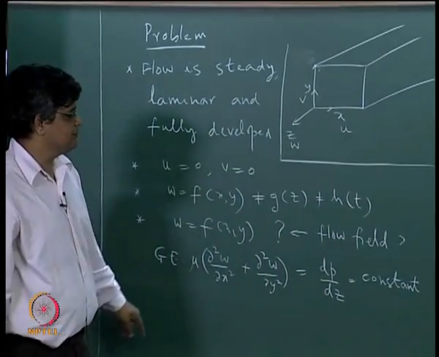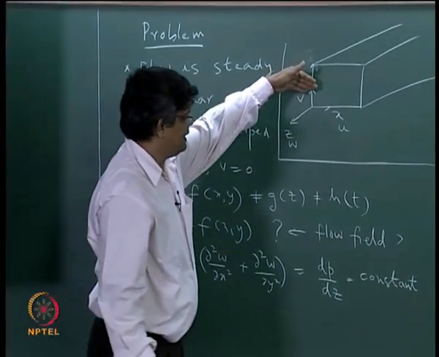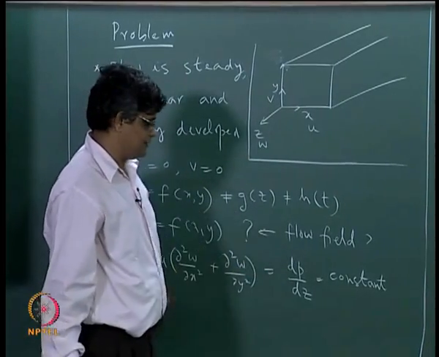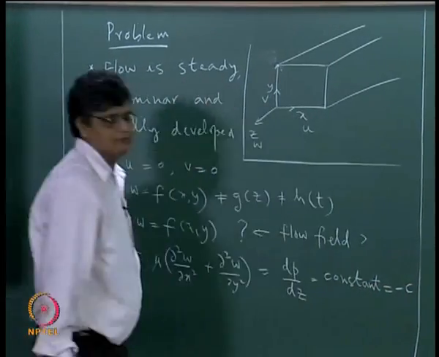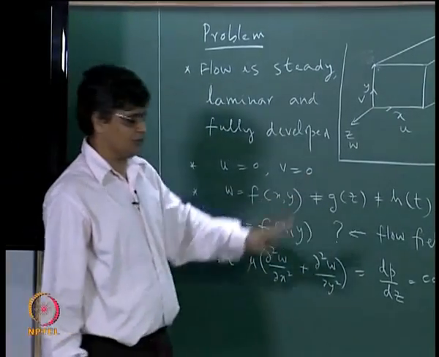It is negative in the sense that as z increases pressure decreases, so it is a negative constant. So we can put this as some minus c, for example, where c is a positive quantity.